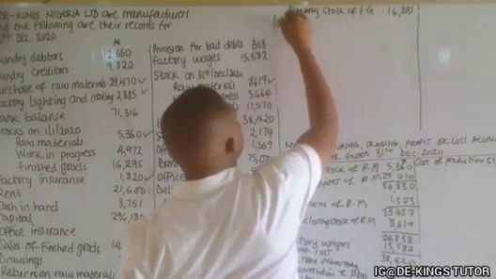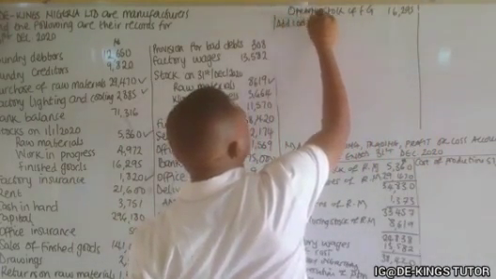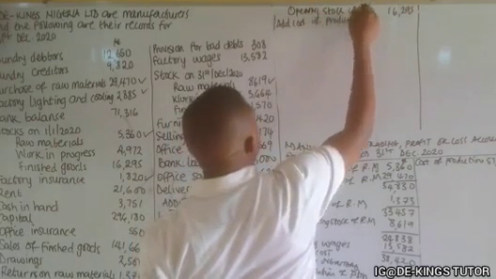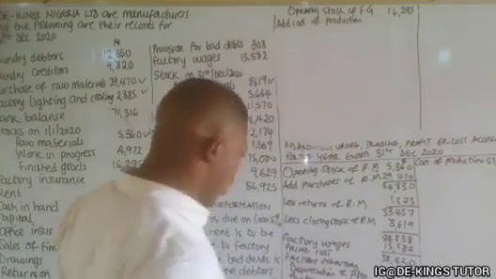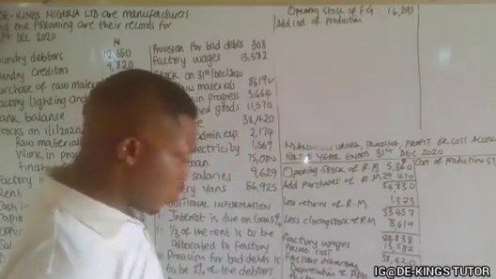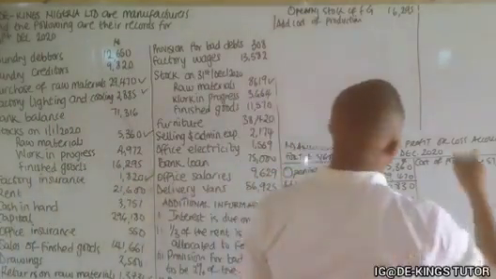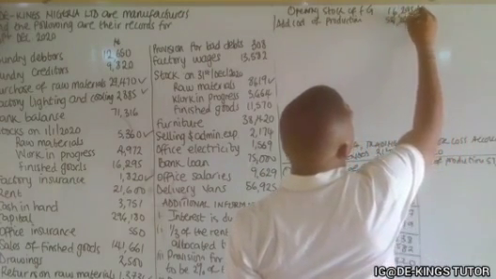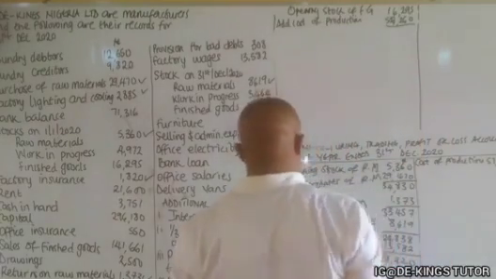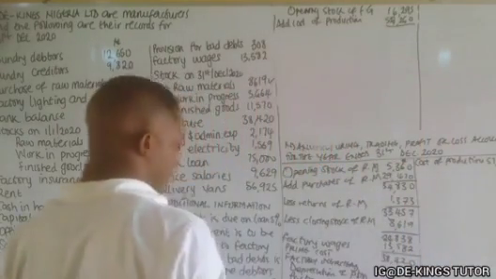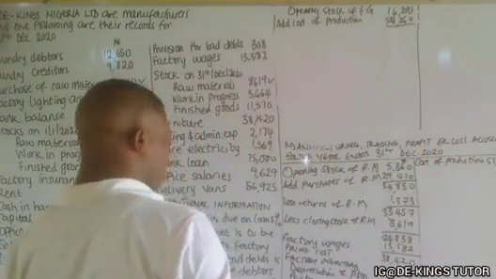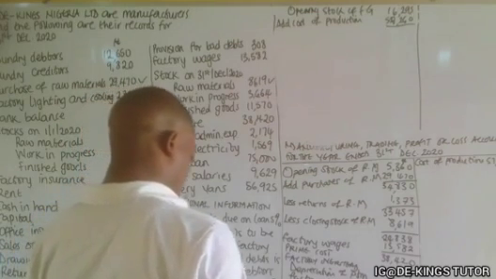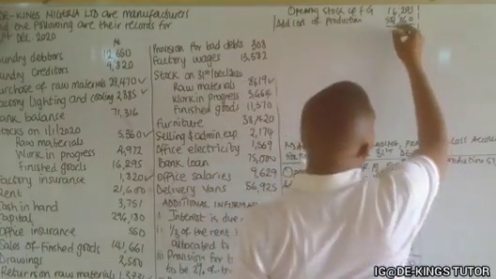So we say add cost of production. Add cost of production instead of purchases. We have said that before. 57,260. Plus 16,295. So we have 73,555.